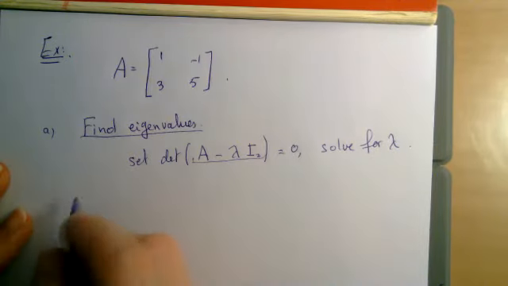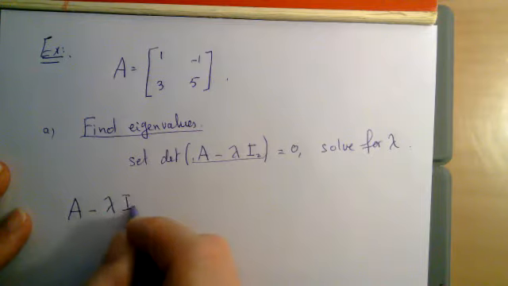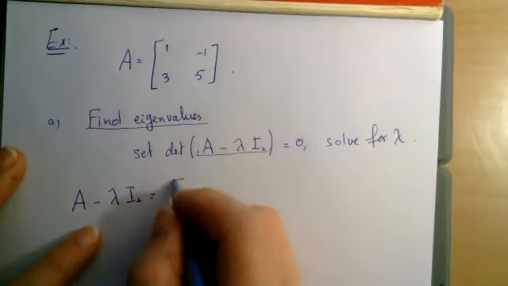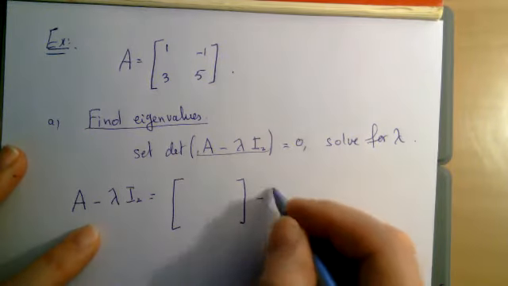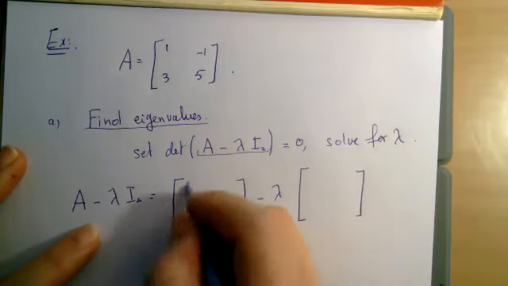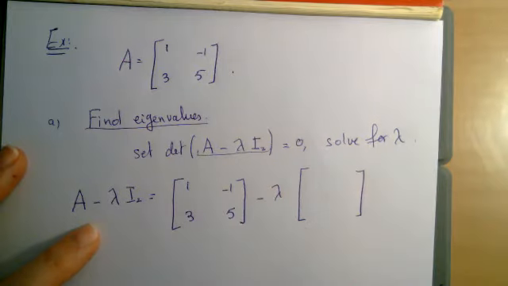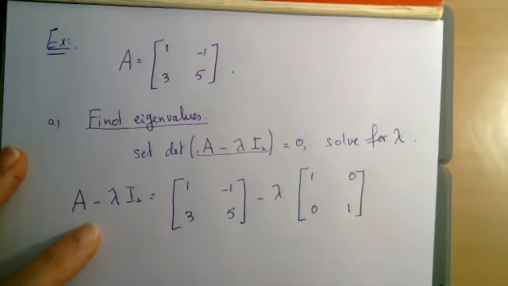We'll compute slowly the first time; after that, it will be very clear. So A is 1, 3, minus 1, 5, and the identity is 1, 0, 0, 1.